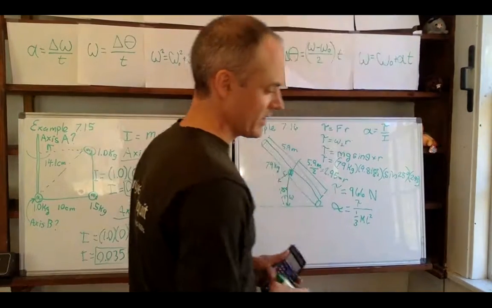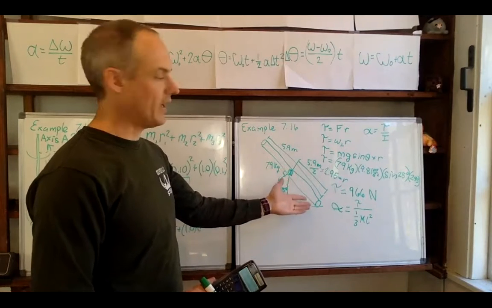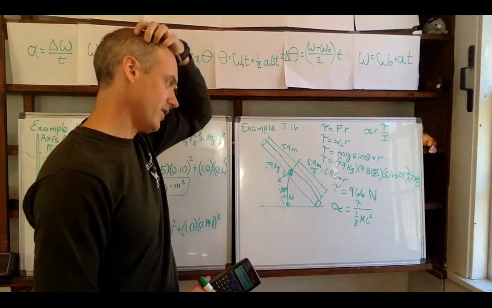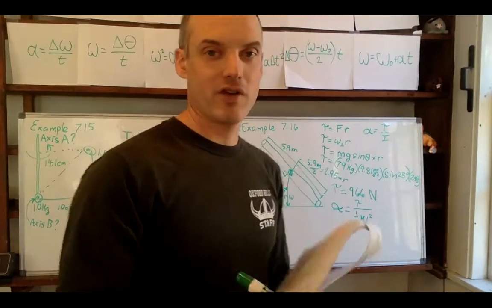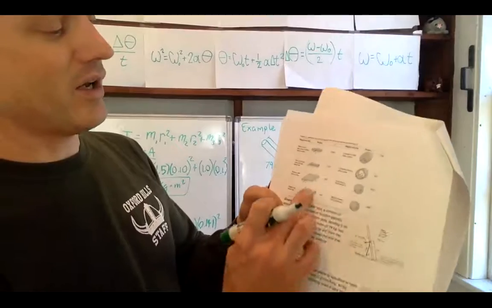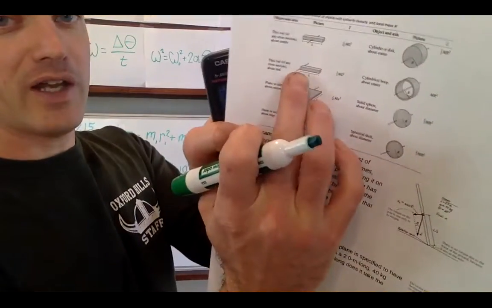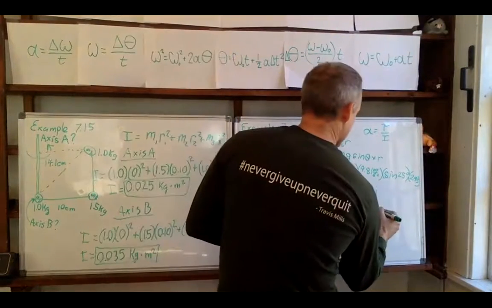All right, in this case, because the L is actually the full length of this, it is the 5.9 meters that's squared. You can see in the illustration of the inertias of different objects, they are measuring the full length of that. So, all right, let's put that all together.